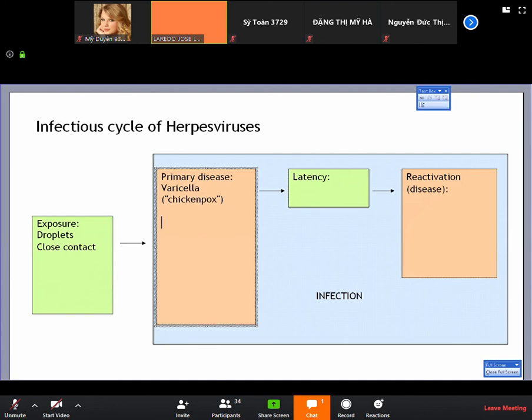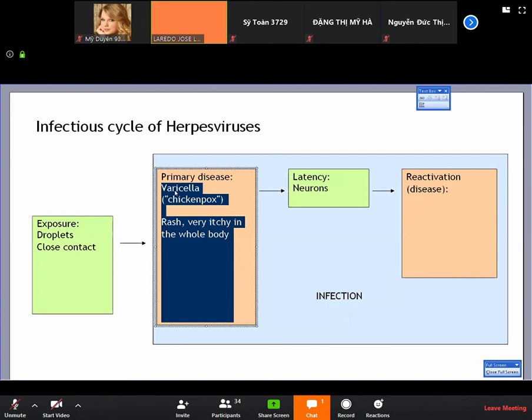What is varicella? Varicella is a rash, very itchy, in the whole body that many children have suffered, most of you. Latency in the neurons. So after a few days, varicella disappears, the child recovers, but the virus does not disappear.